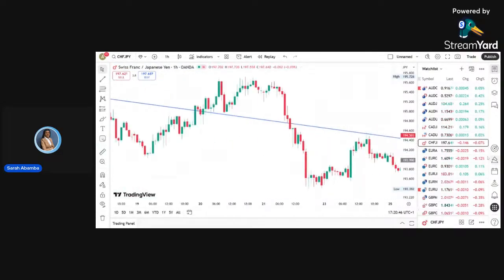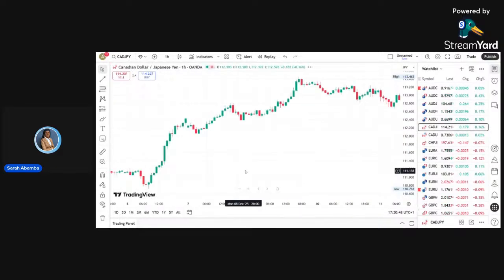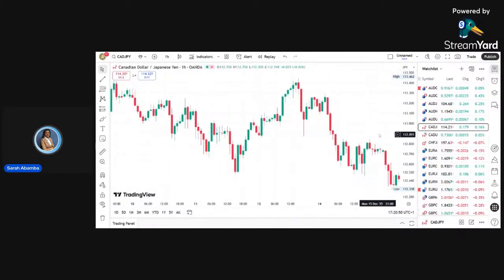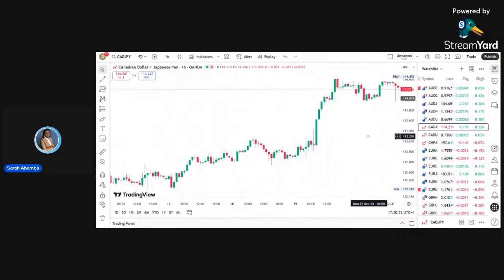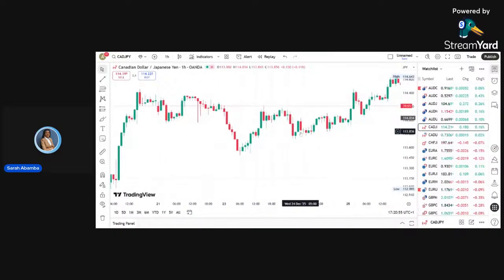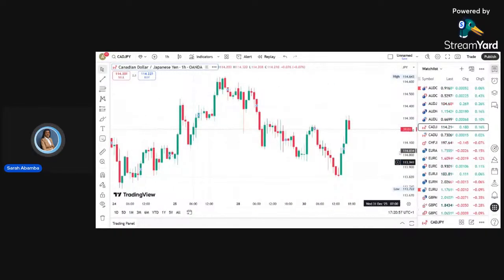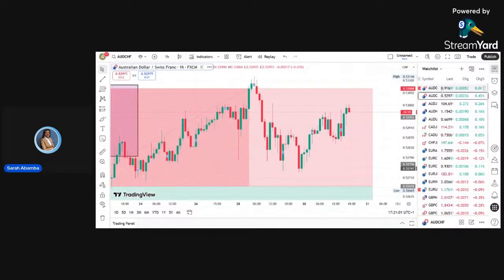This one. I'm not seeing a pin bar. This one is okay. I've seen one.